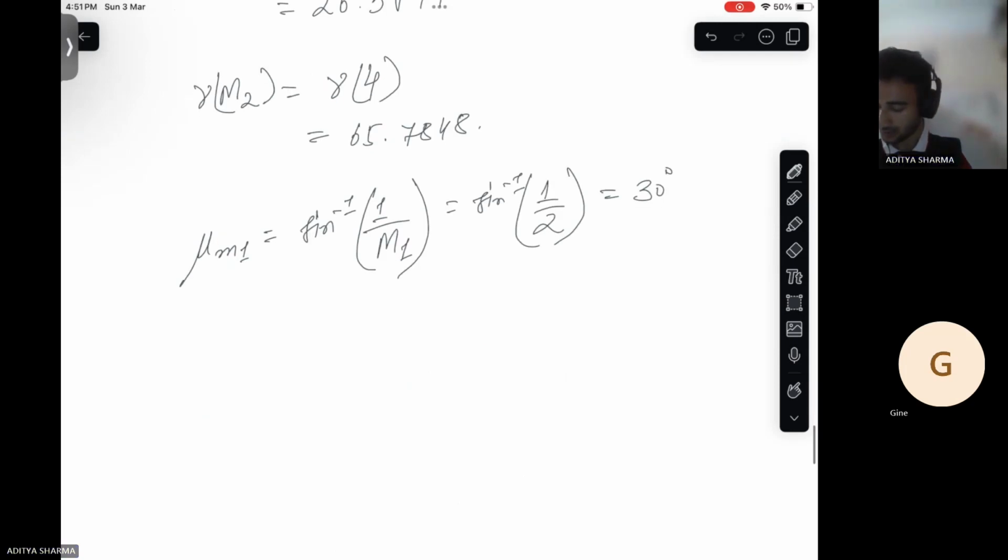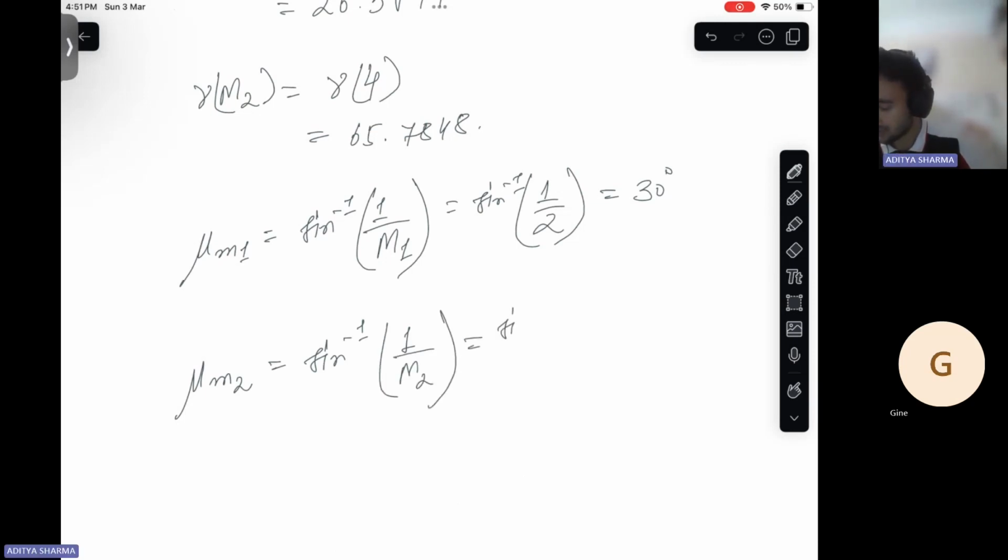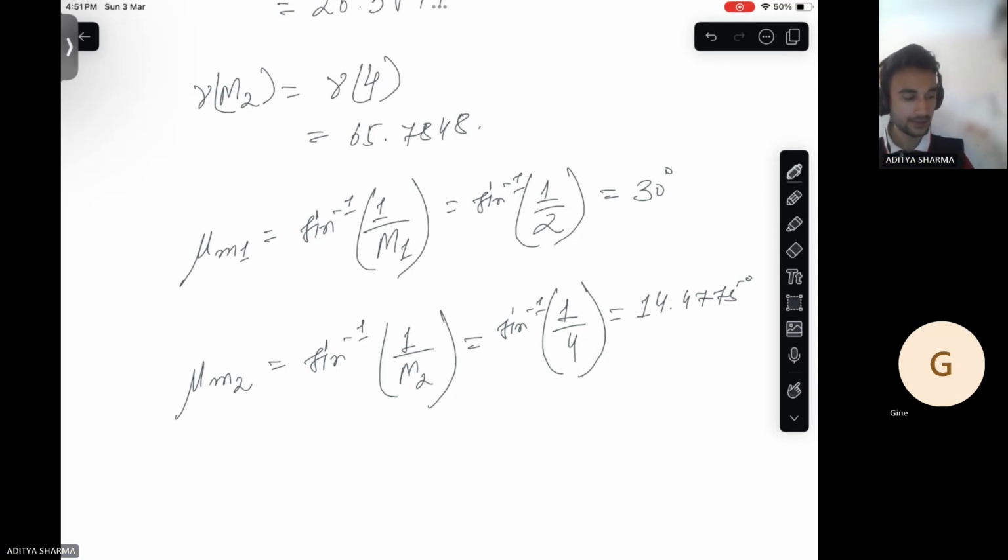And mu m2 is sine inverse of 1 by m2, which is sine inverse of 1 by 4. If you calculate this, it will come out to be 14.4775 degrees.